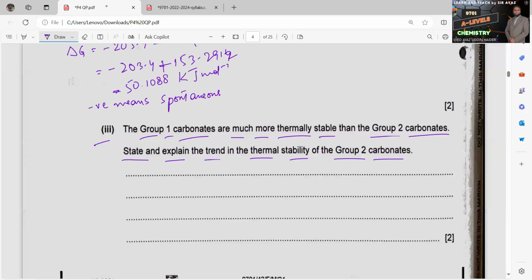So we write: thermal stability increases down the group because cation size increases.